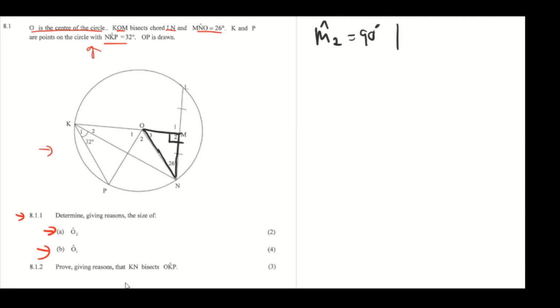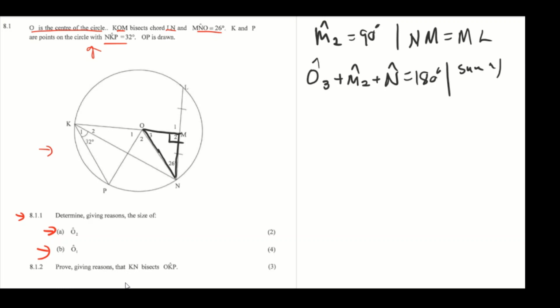Maybe you can specify the reason and say NM is equal to ML. And then we're just going to add. So O3 plus M2 plus angle N is equal to 180 degrees. The reason for that is the sum of interior angles of a triangle.